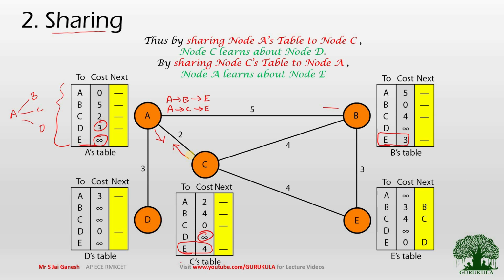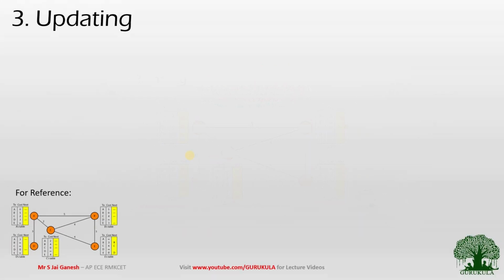Thus, by sharing, node A can share its table with node C, so that C will come to know about the route that is available to reach node D via node A. And similarly, while receiving an updated table from C, node A will come to know about the route by which node E can be reached. So now let us see how the updated table will look.